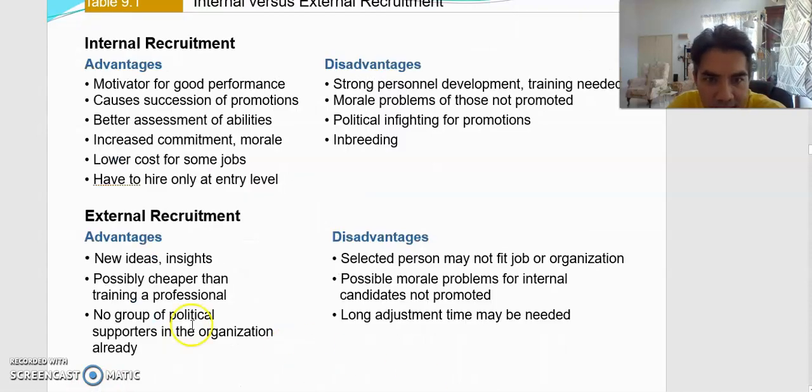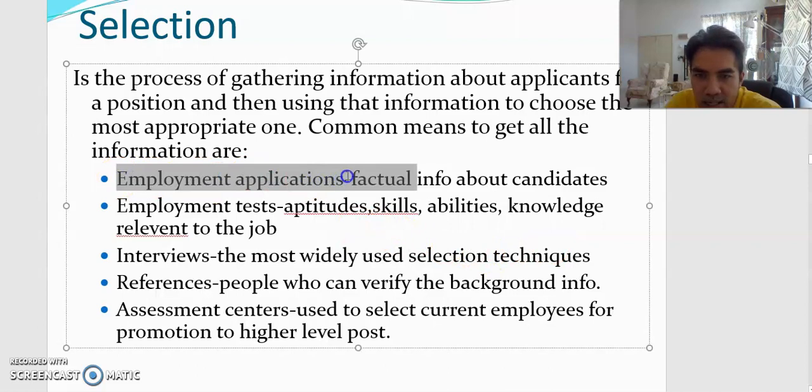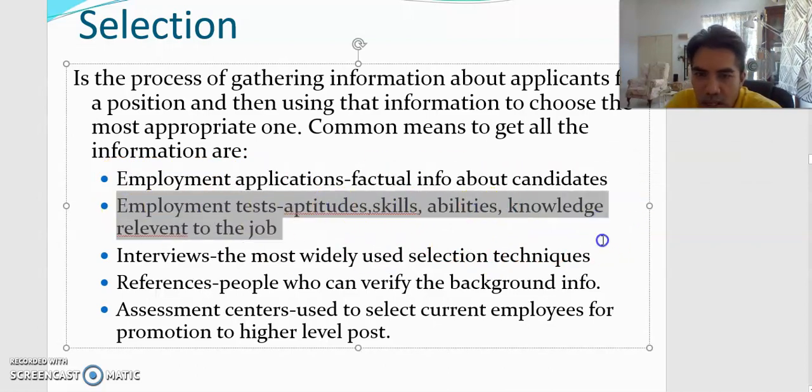In this slide, there are more advantages and disadvantages. Selection is the process of deciding what criteria we are going to use in order to select our potential applicants. Of course, the basic one is the application. And then sometimes we use employment tests, aptitude tests, abilities, and knowledge relevant to the job.